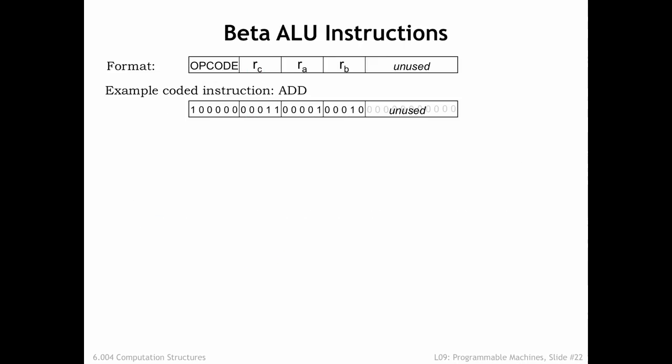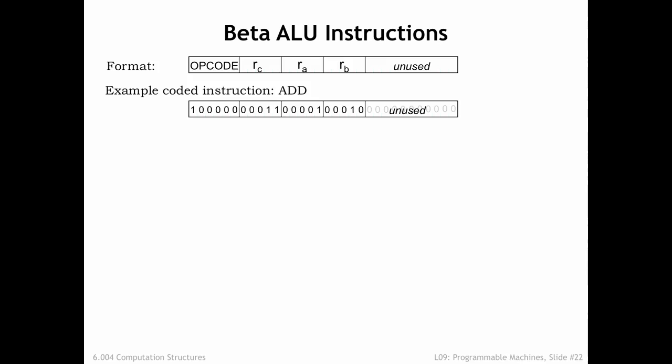The computation performed by the Beta data path happens in the Arithmetic and Logic Unit, ALU. We'll be using the ALU designed in Part 1 of the course. The Beta ALU instructions have 4 instruction fields. There's a 6-bit field specifying the ALU operation to be performed. This field is called the opcode.